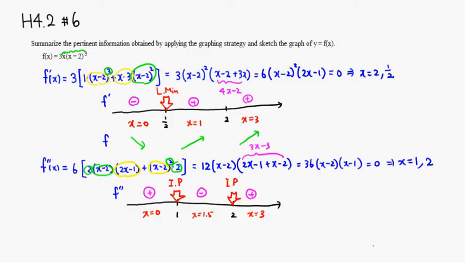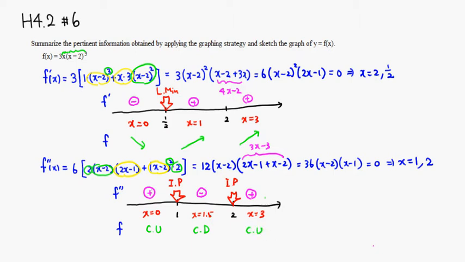Then, where is f concave upward and downward? If you look, f is concave up on this interval, concave down on this interval, and concave up.